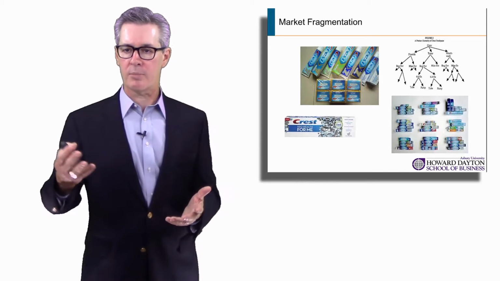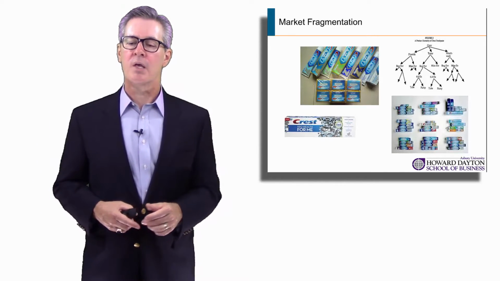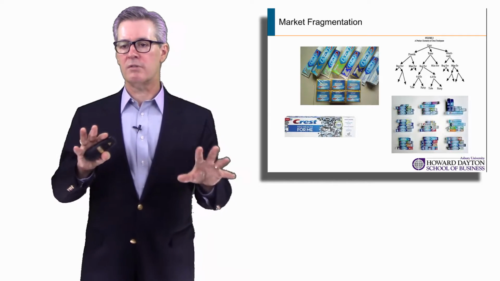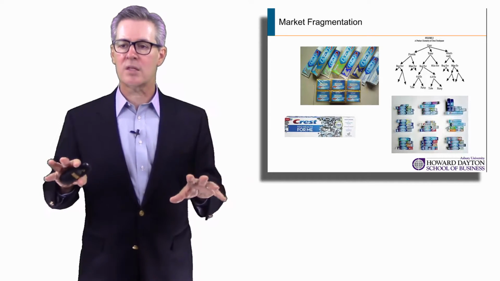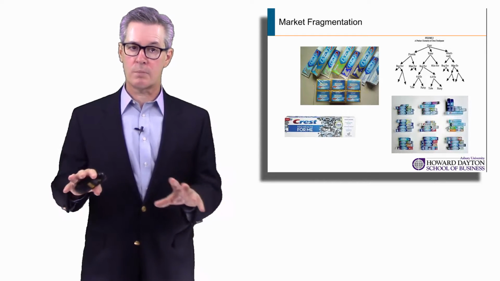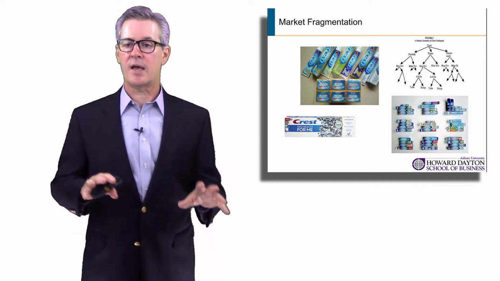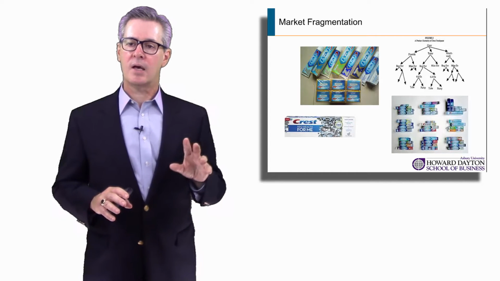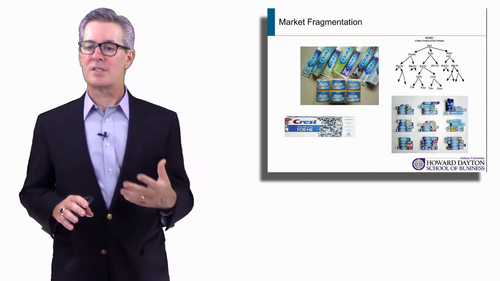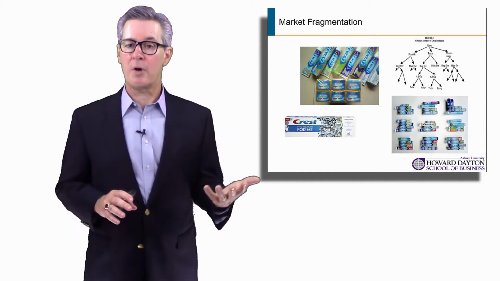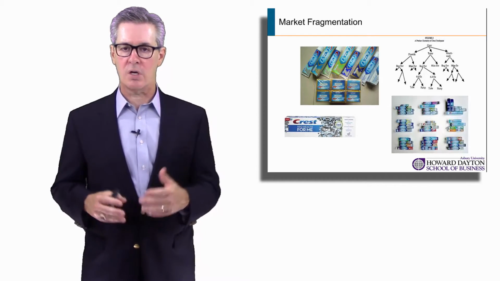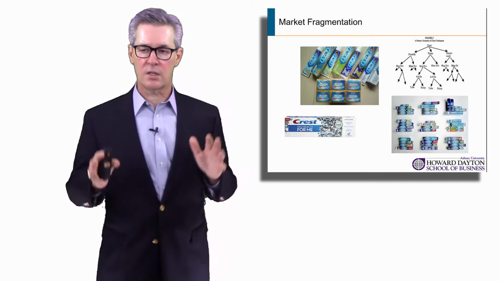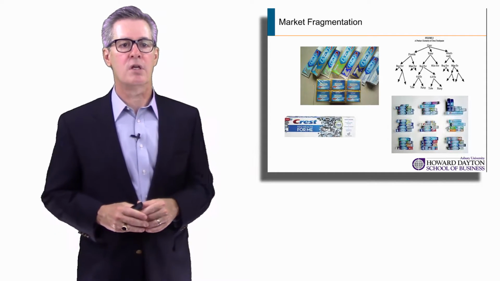So you see examples of this with toothpaste here. And so in this case, we see various ways that customers can break themselves down into groups in terms of their likes and dislikes, wants and needs. And then Crest decides whether they are going to respond with a specific product to be able to meet those particular needs that the market has fragmented itself into.